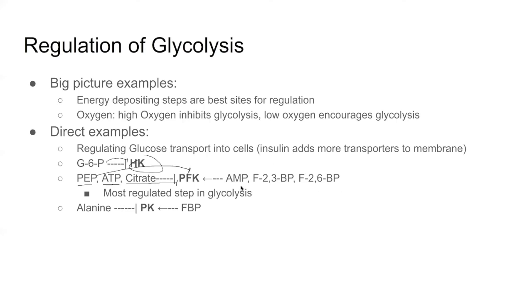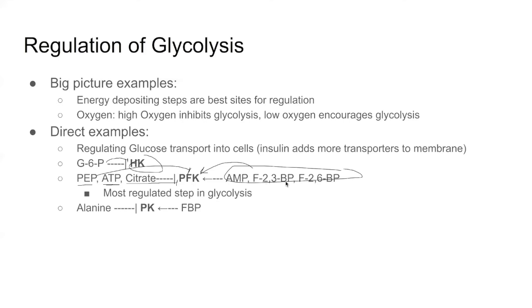These products, on the right, AMP, fructose 2,3 bisphosphate, and fructose 2,6 bisphosphate, they activate PFK. And so why does this make sense? When you have high AMP, that tells you that the cell has low energy. And because the cell has low energy, that means you want to do glycolysis more. And so as a result, it makes sense that AMP increases PFK.